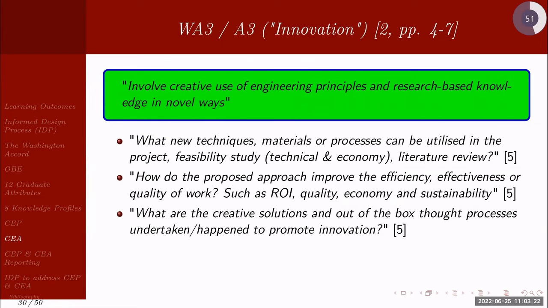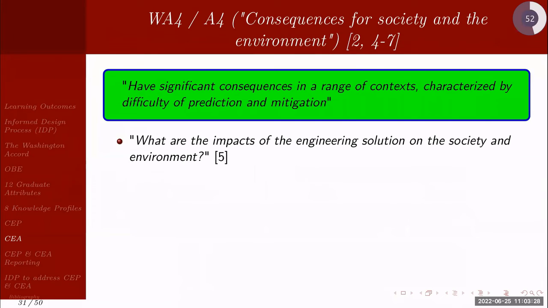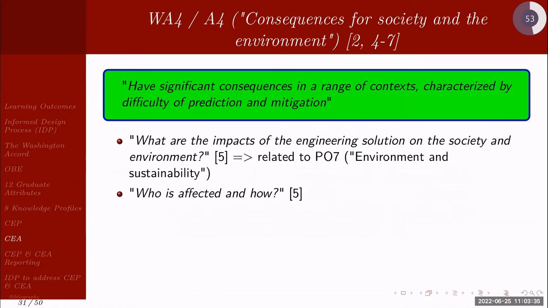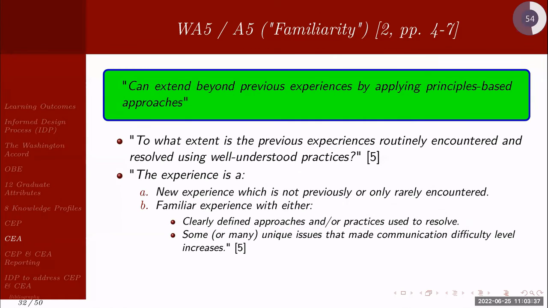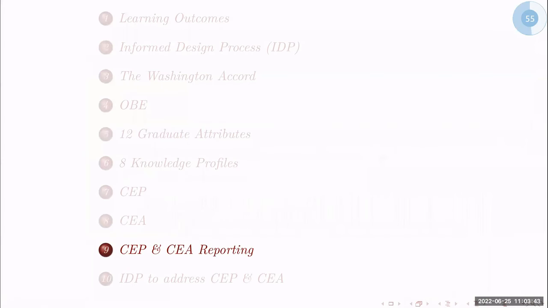A3 is innovation, involve creative use of engineering principles and research-based knowledge in novel ways. A4 have significant consequences in range of contexts characterized by difficulty of prediction and mitigation. And A5 is familiarity. So these are 5 ranges of complex engineering activities.